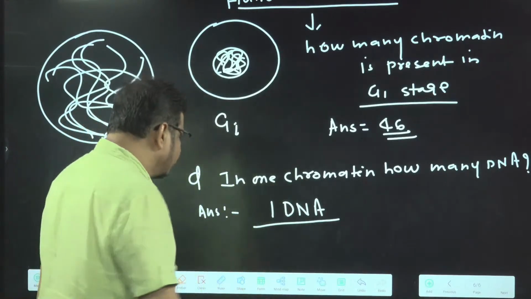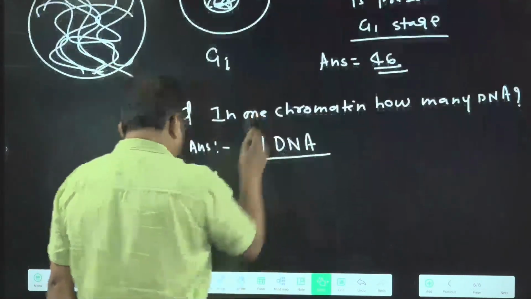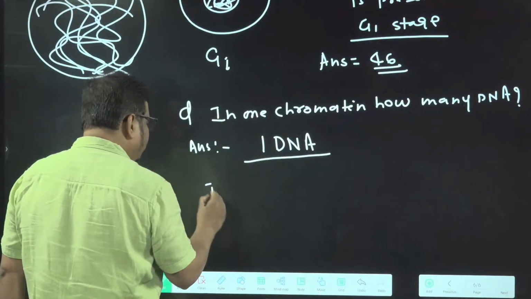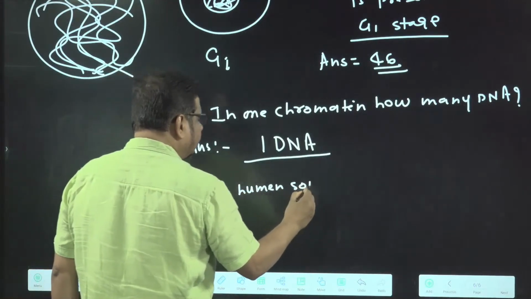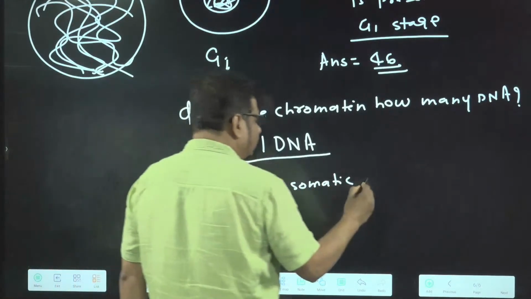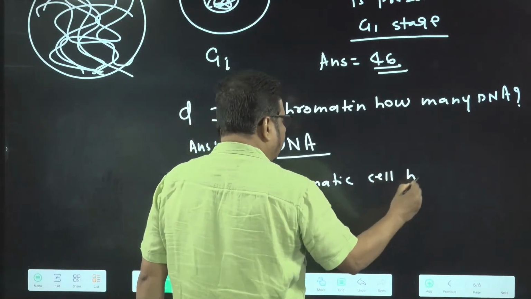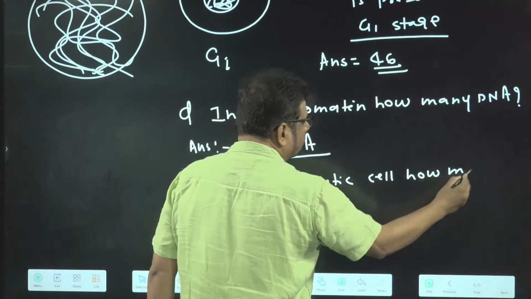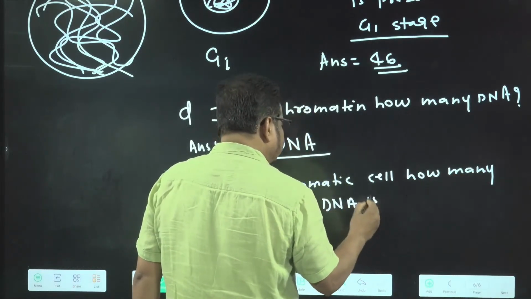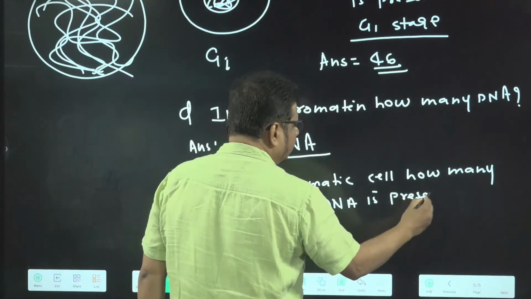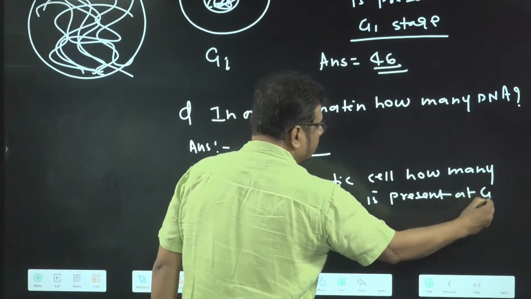So in the 46 chromatin in your cell, how many DNA are there in the human somatic cell at interphase, at G1 stage?